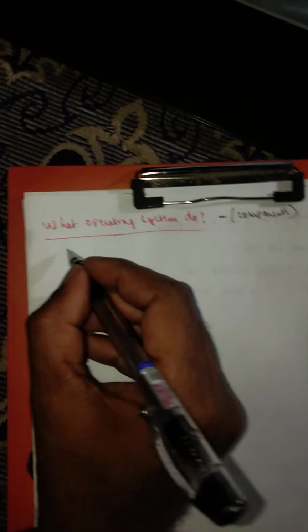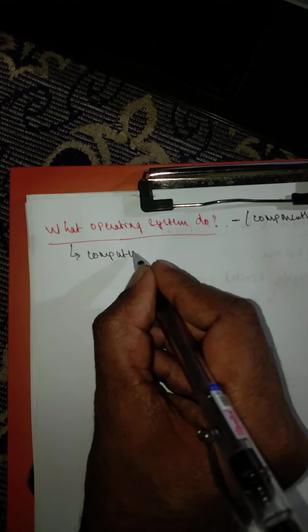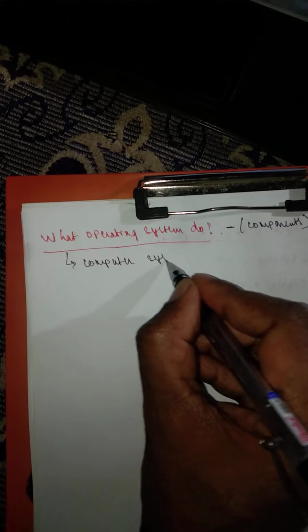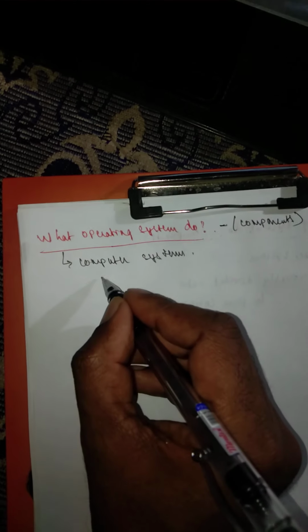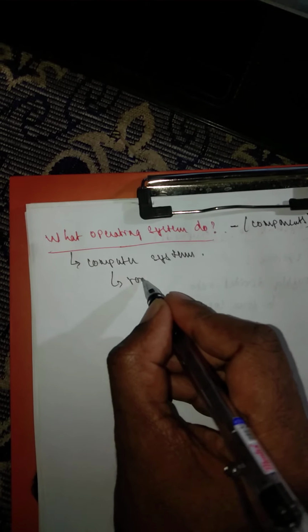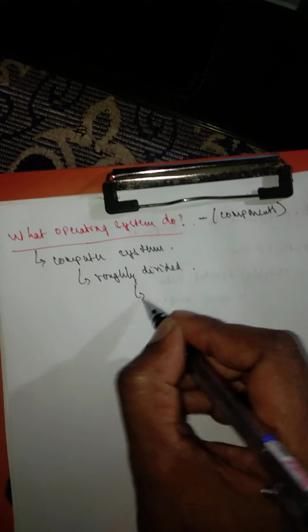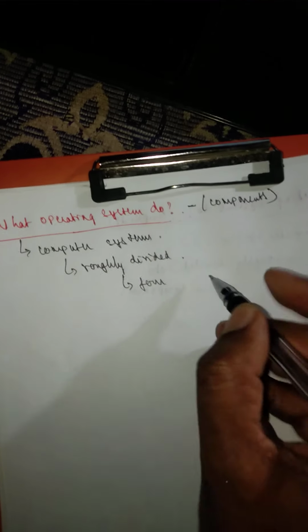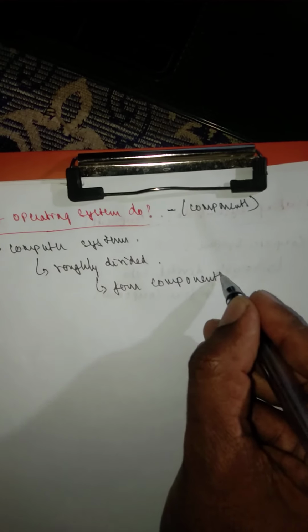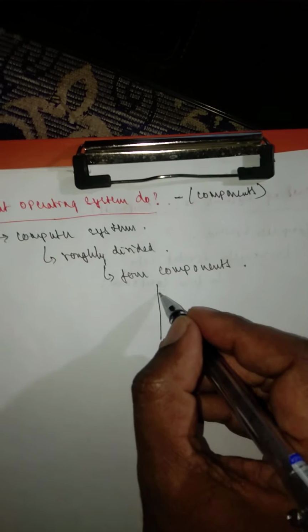So here a computer system is roughly divided into 4 components, and they are as follows.